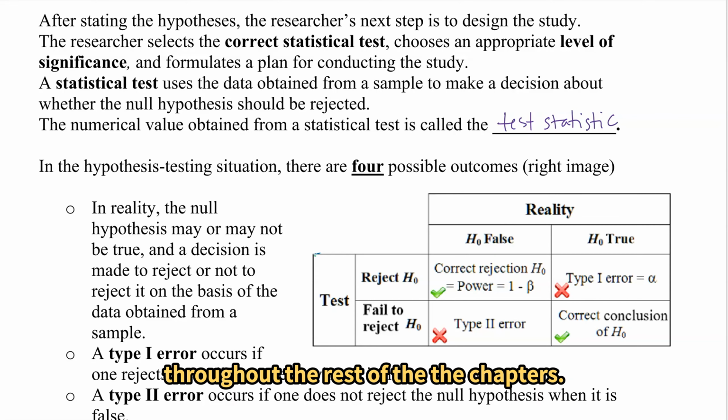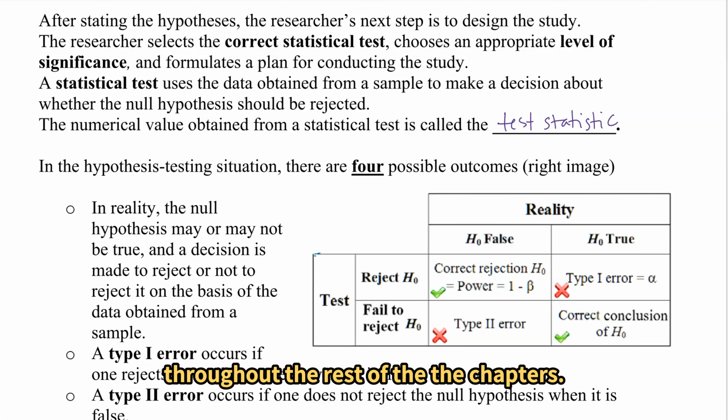And we have a situation based on our test. The test leads us to believe the null is not true, or the test leads us to believe that the null is true. Because we have reality, 2 outcomes, and we have the possibilities on the test, 2 outcomes, we ultimately have 4 different situations that we need to address.